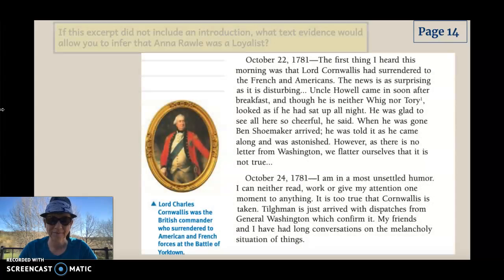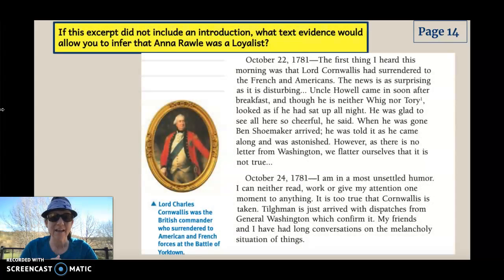Page 14. If this excerpt did not include an introduction, what text evidence would allow you to infer that Anna Rall was a loyalist? Okay, if it didn't give you an introduction. "The news is as surprising as it is disturbing.